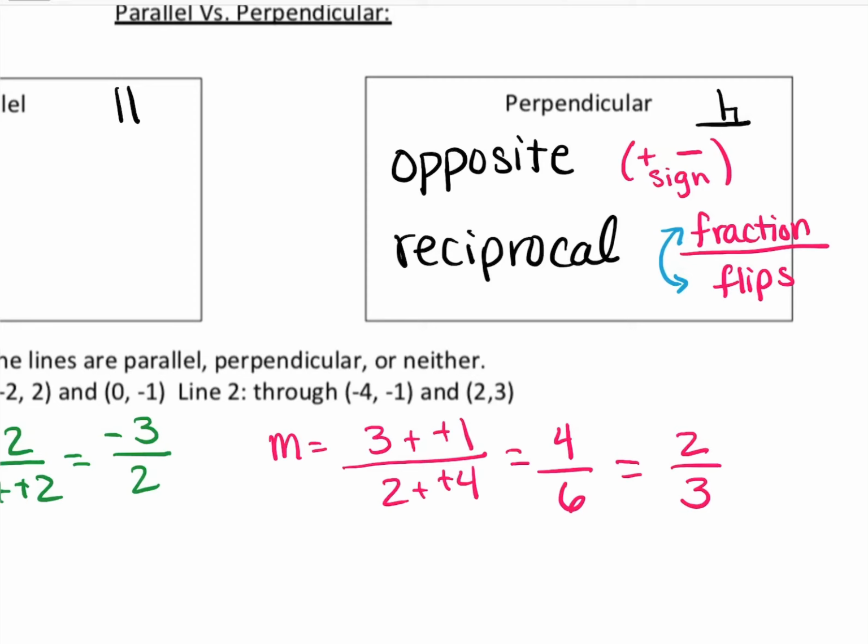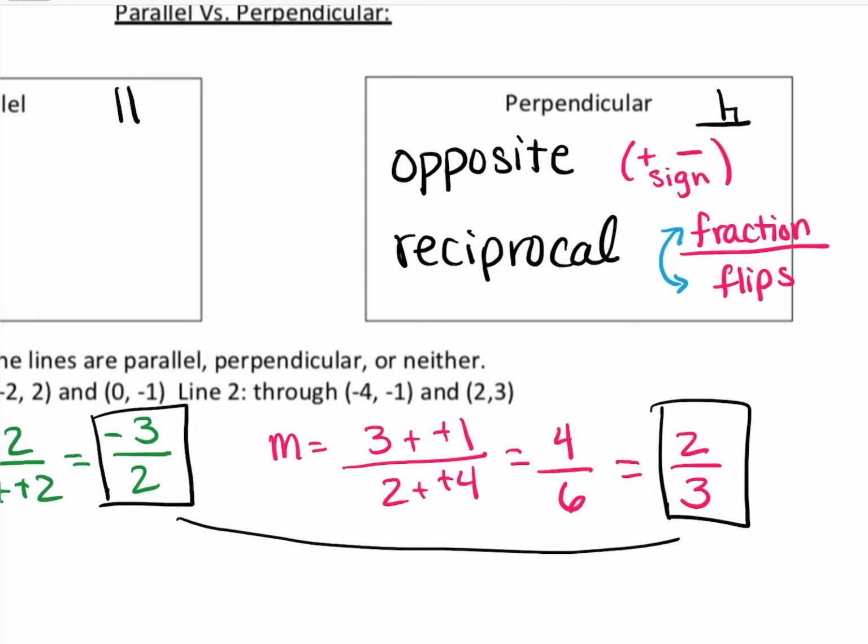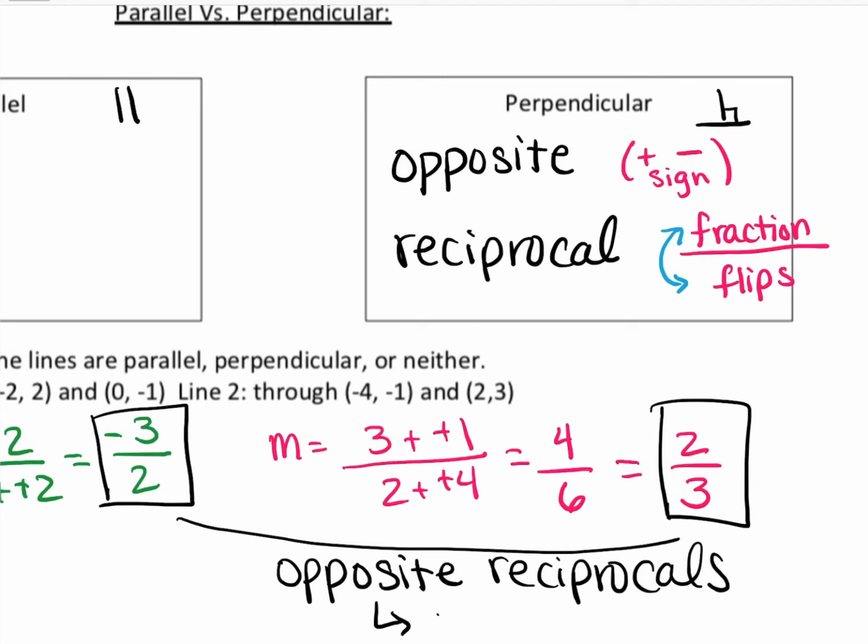So now what we're really trying to consider is my -3/2 and my 2/3. Here we notice that they are opposite reciprocals. So the lines are perpendicular. And when they cross, they end up making a right angle.